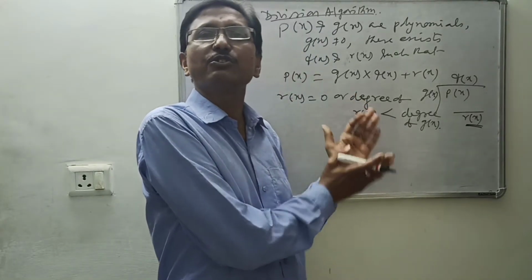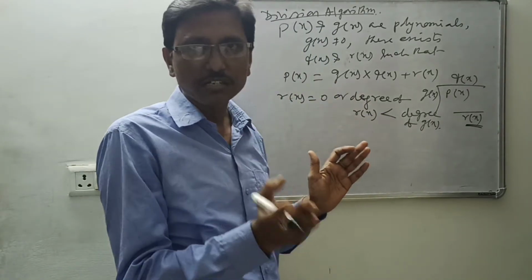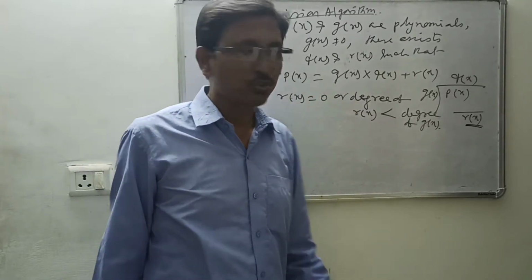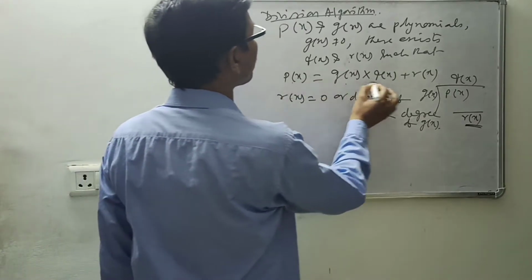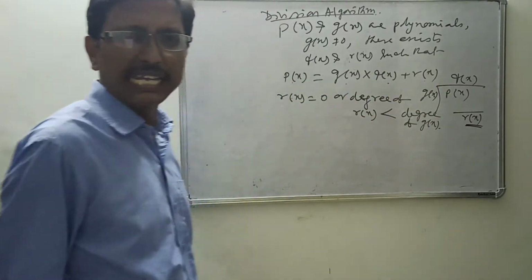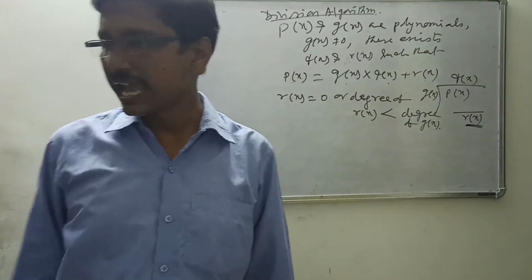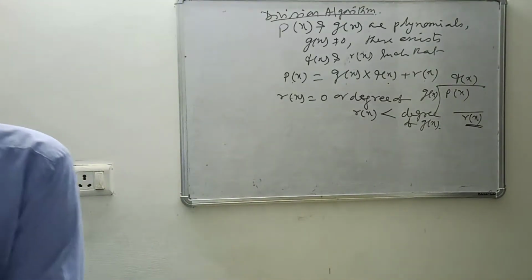If R(x) becomes 0, then G(x) is a factor. This rule is to be followed, and out of these four polynomials, any three may be given, and then you can find the fourth one.